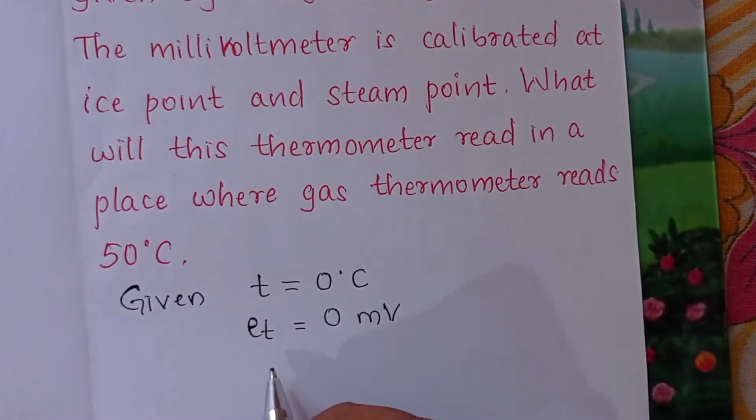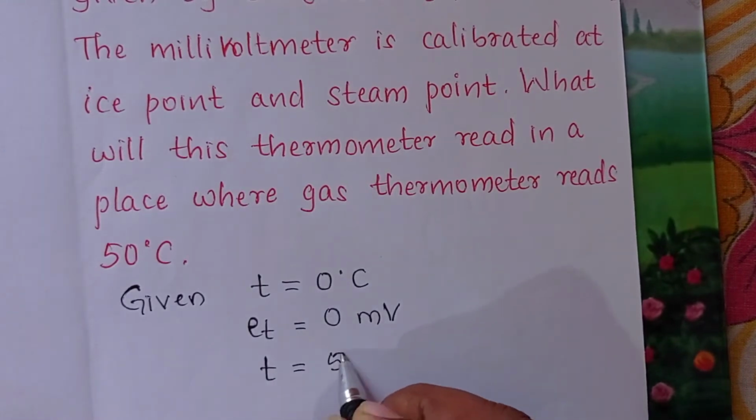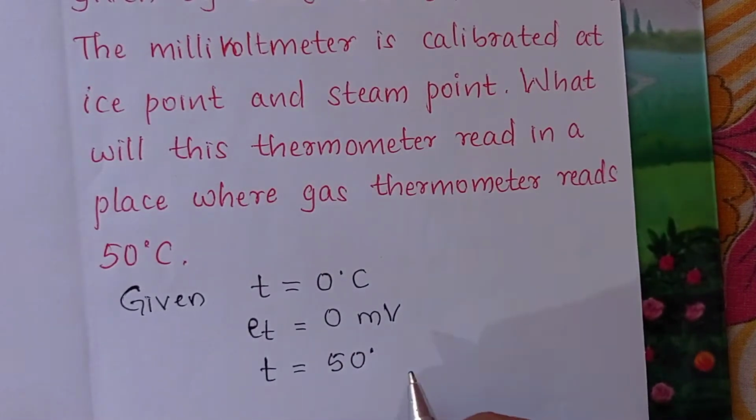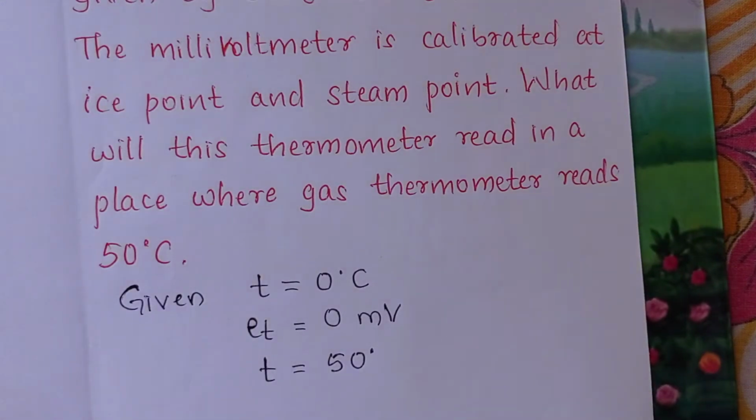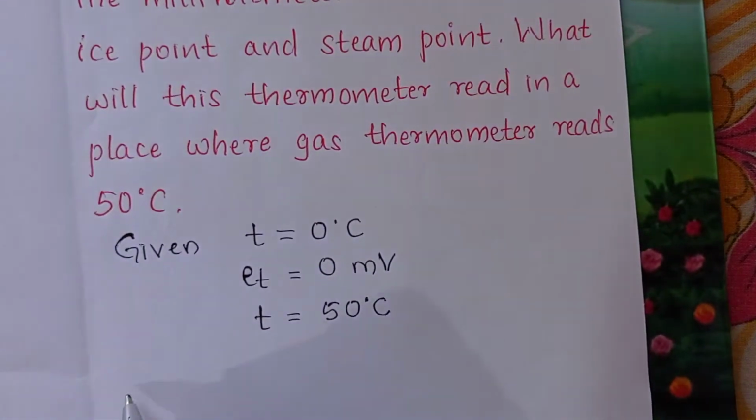And when T is equal to 50 degree centigrade, we need to find out the value of E, that is millivolts, at 50 degree centigrade.